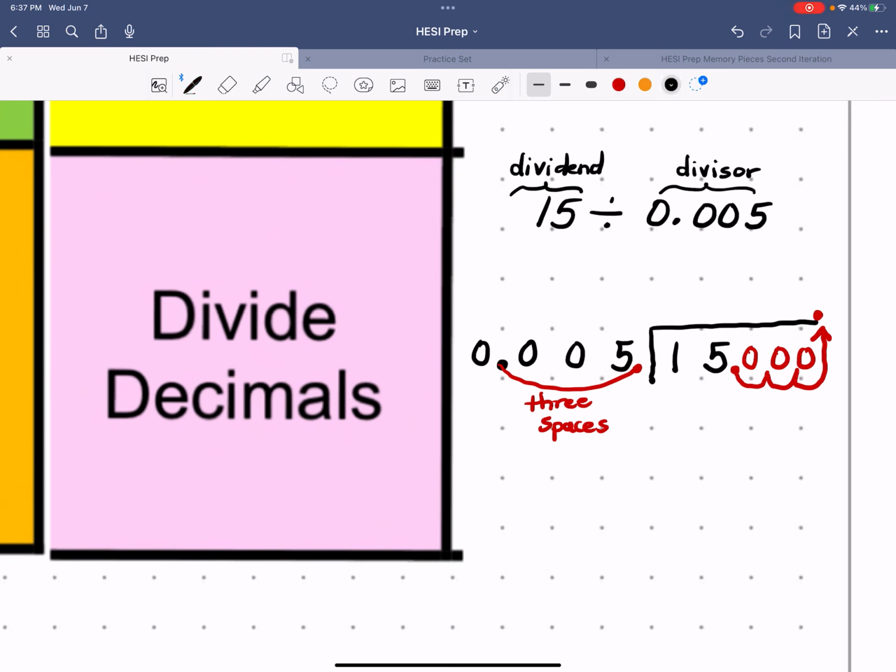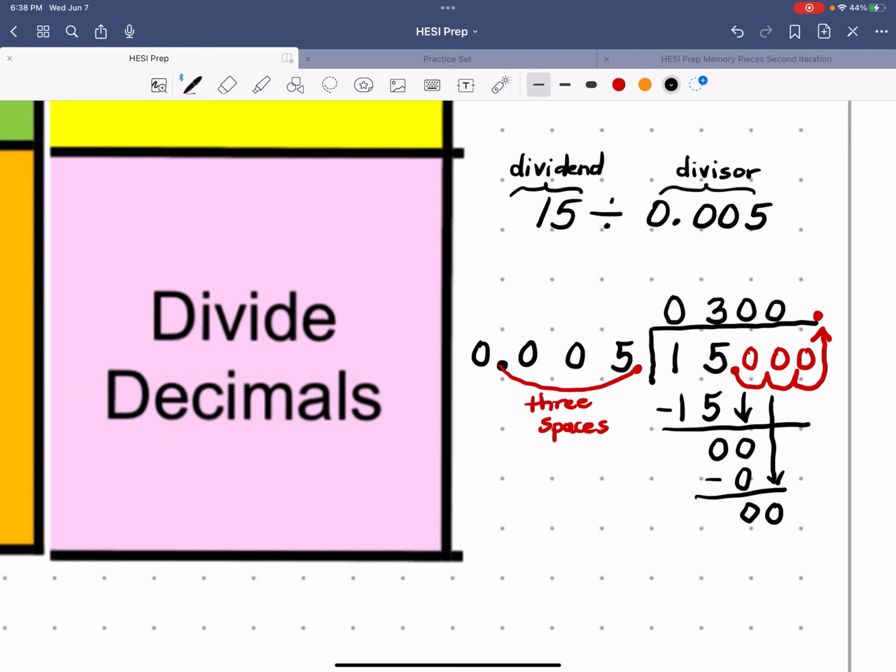So 5 cannot go into 1. It can go into 15 3 times. But we're not finished. This is not a remainder because we still have places to drop. 5 into 0 is 0. 0 times 5 is 0. Then I drop the next 0.